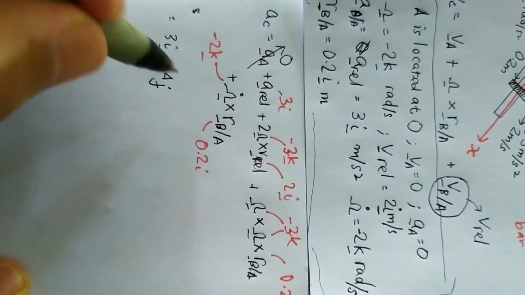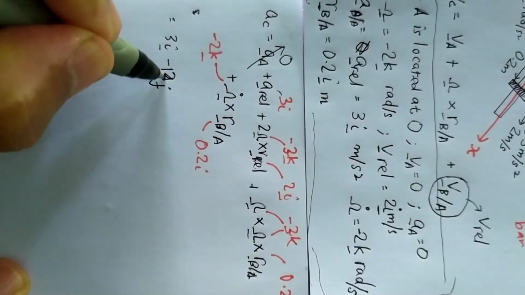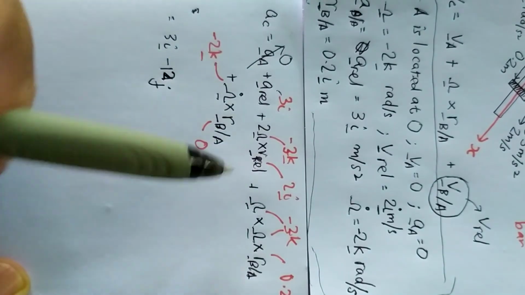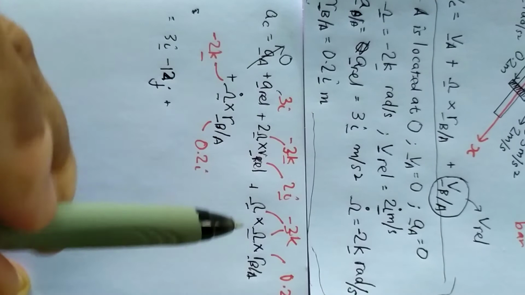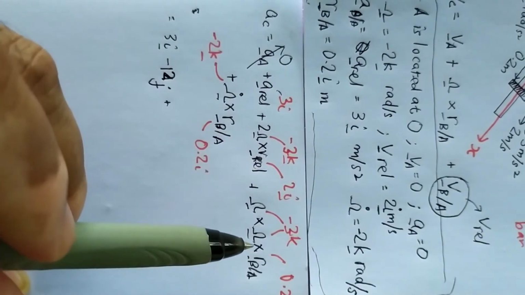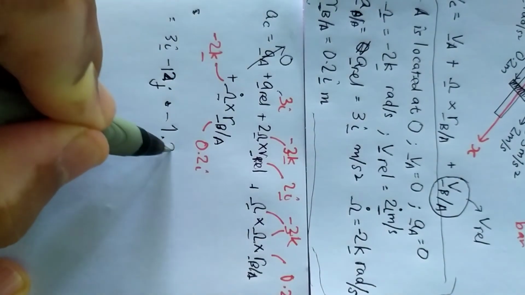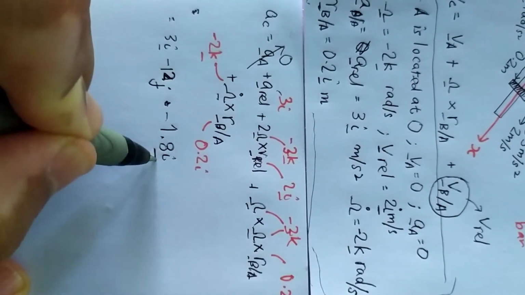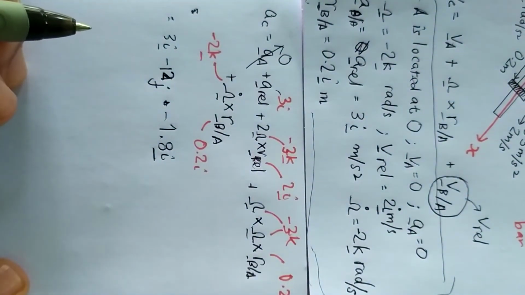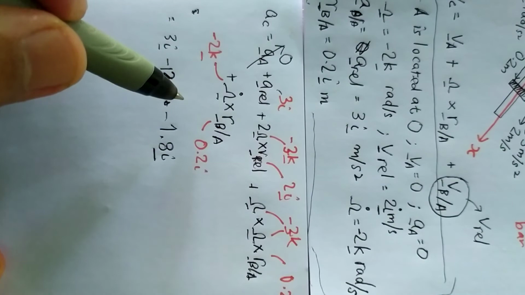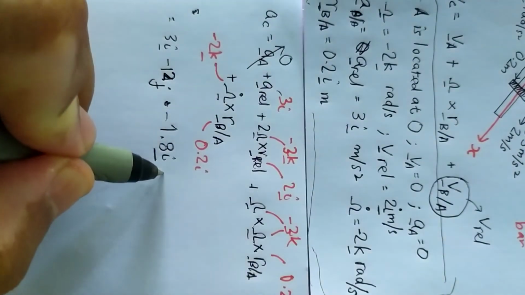And omega squared gives 3 times 3 times 0.2 is 1.8, so minus 1.8i. And then omega dot, 2 times 0.2 is minus 0.4j.